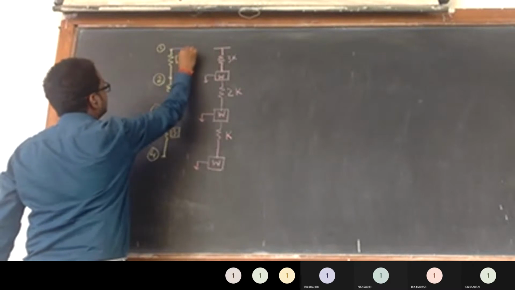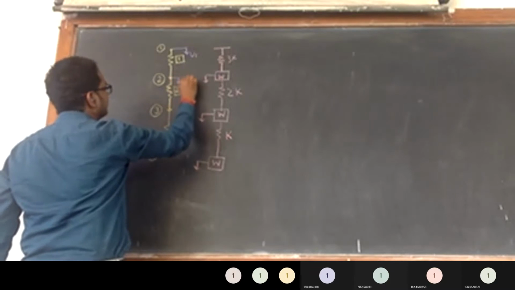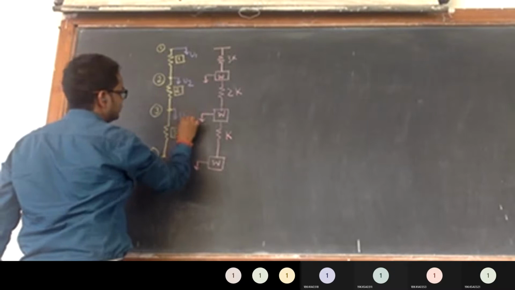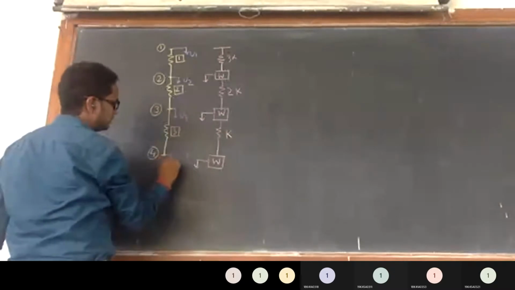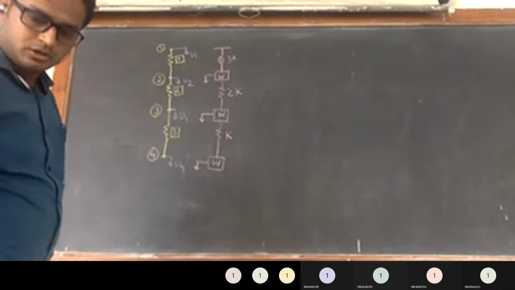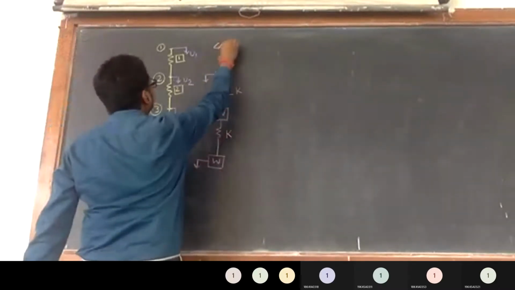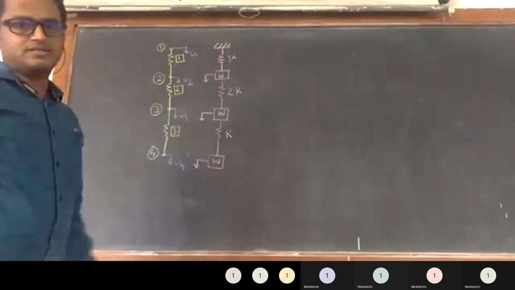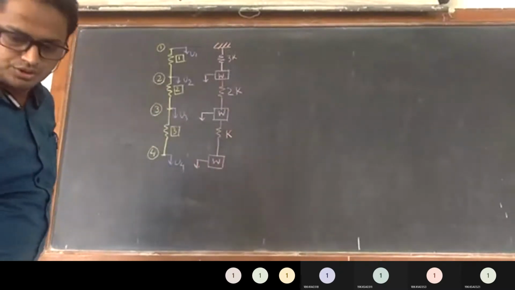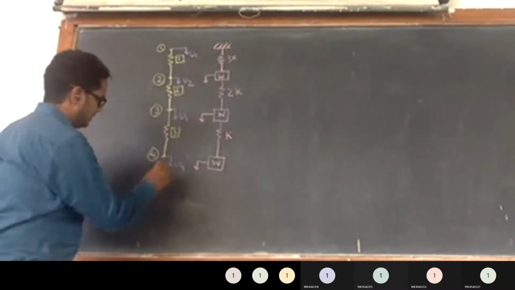Let me write here U1, U2, U3, U4. So here 4 displacements are there. The top end is fixed, so it means U1 equals 0. That will be your boundary condition as well.